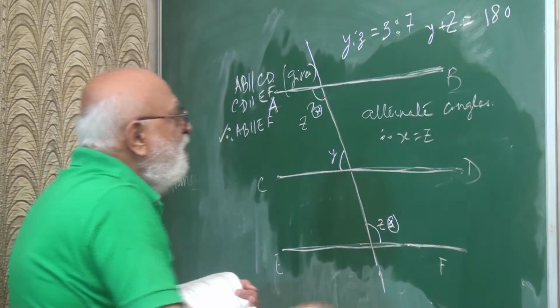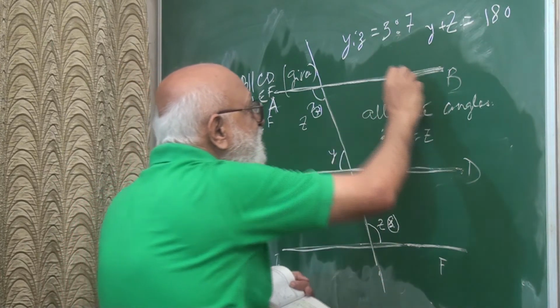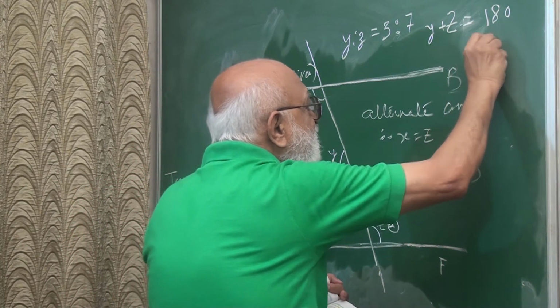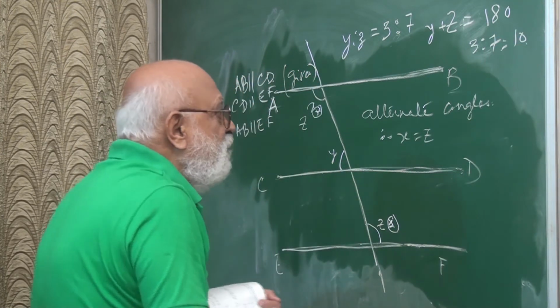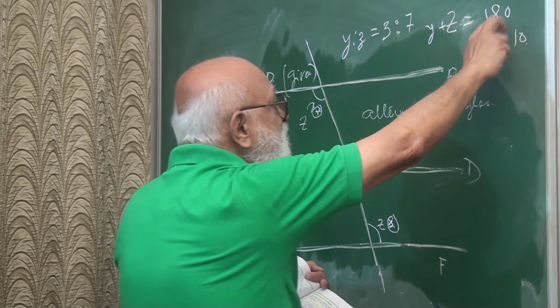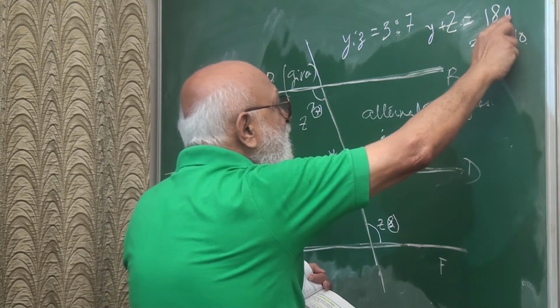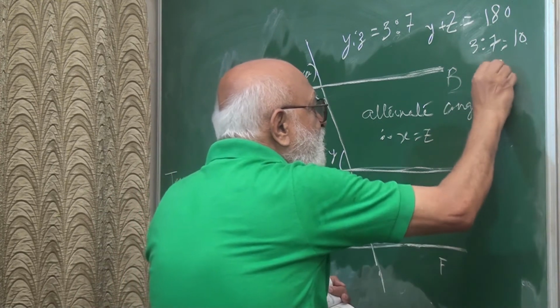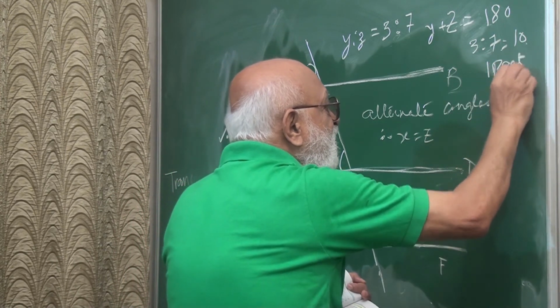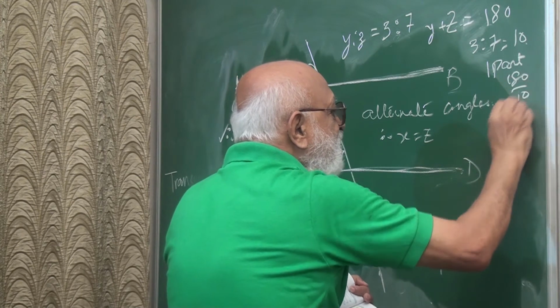Now, if I add these two, 3 and 7 become equal to 10. So I have to distribute 180 in parts of 10. One part will be 180 divided by 10, that is equal to 18.